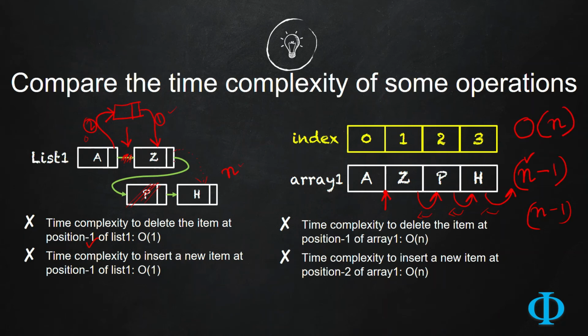Whereas no matter what is the number of elements in the list, for insertion and for deletion at location 1, linked list has only a constant number of steps, which is basically represented as order of 1 time complexity. So 1 is of course less than n, so for both these operations, linked list is much better than array.